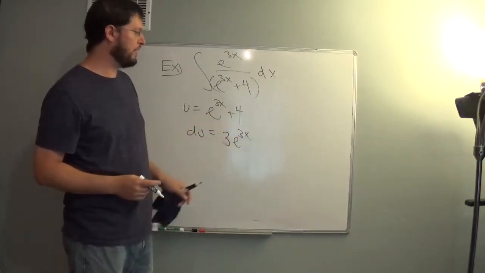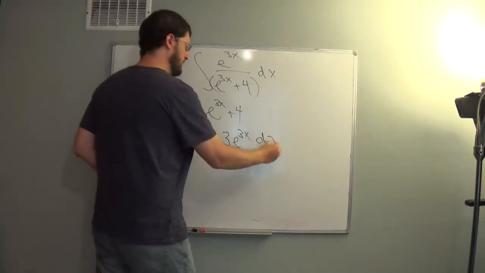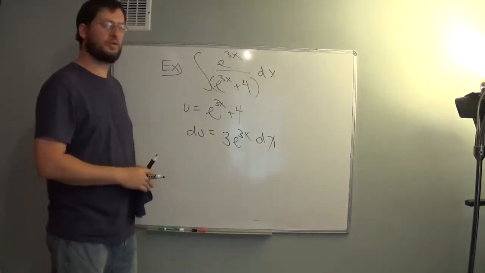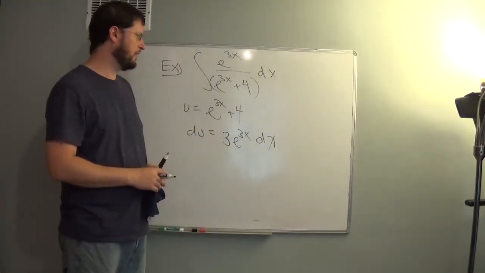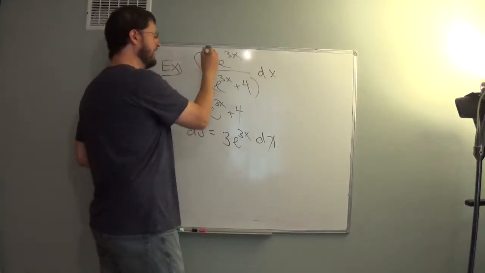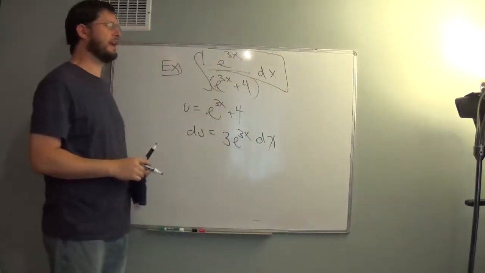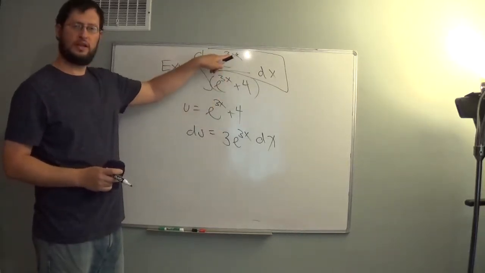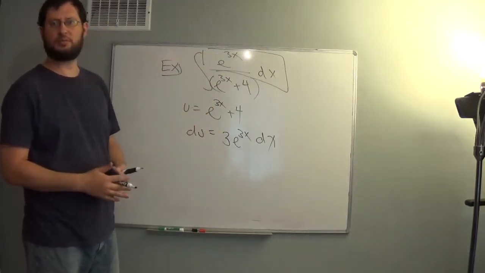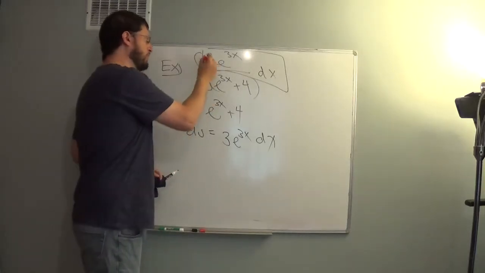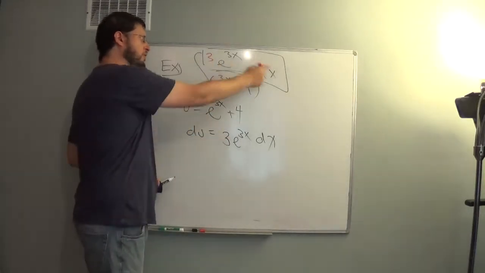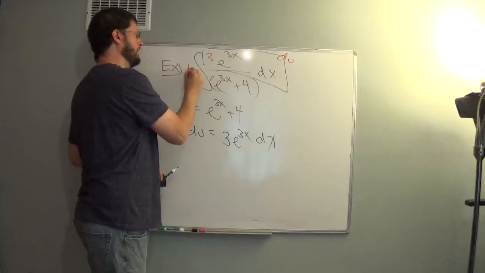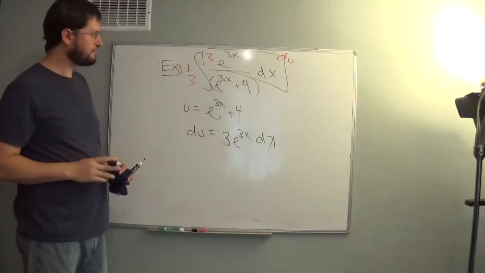The 4 goes away when taking the derivative. So du is 3e to the 3x dx. Which is good, because what I have right here is e to the 3x dx. So I can almost make that into du if I have a 3. Well, at this point we know what to do with that. We put a 3 in so that this is now all du, but we have to divide the 3 out.